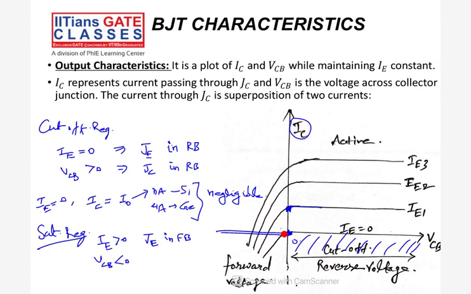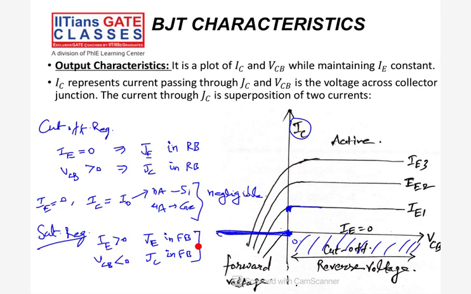If VCB is less than 0, then our collector junction will be forward biased. Because if it was a positive voltage, my collector junction was reverse biased, and now it is a negative voltage, so my collector junction will be forward biased. Both junctions are forward biased.